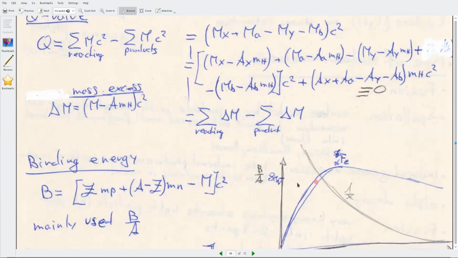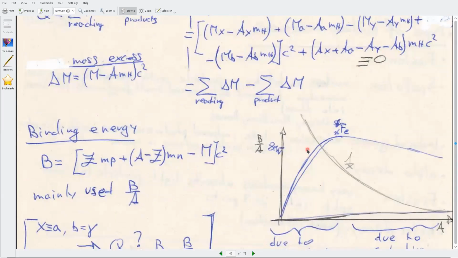It is actually more or less 7, 8. Usually B divided by A, the mass number, is used.